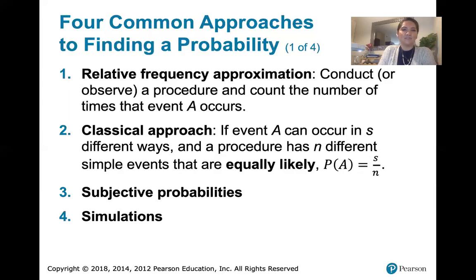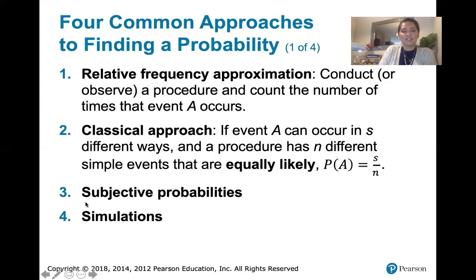And let's conduct that simulation of the procedure, and then let's conduct that simulation of the procedure again, and let's do it a number of times. And then we look at that simulation and all of the outcomes of the simulation, and then we count the number of times that event A occurred in the simulated repetition of the experiment of the procedure.